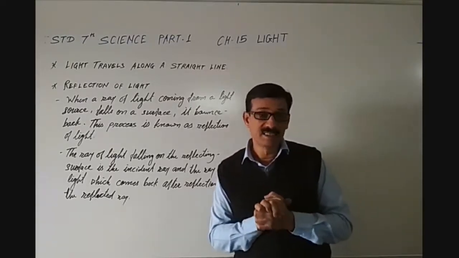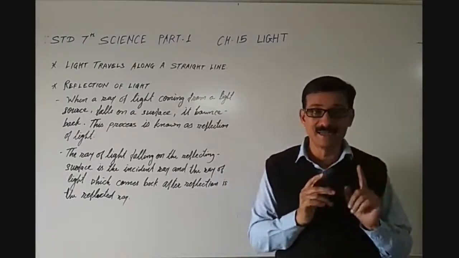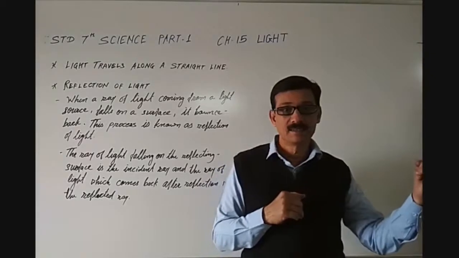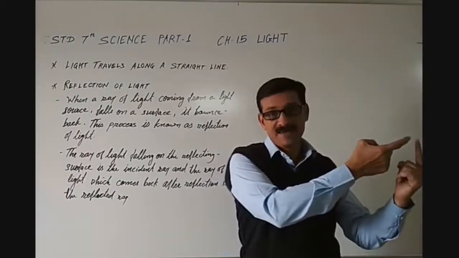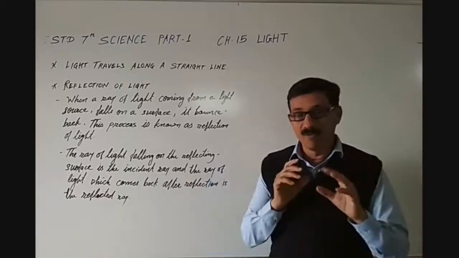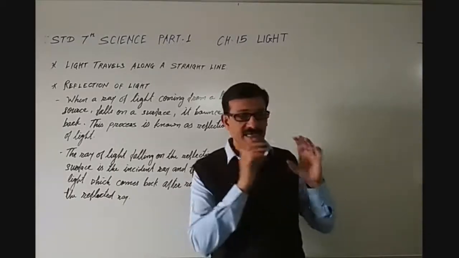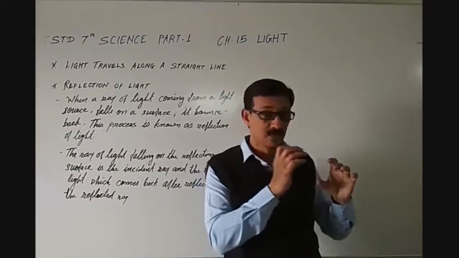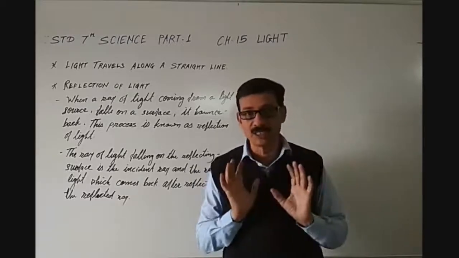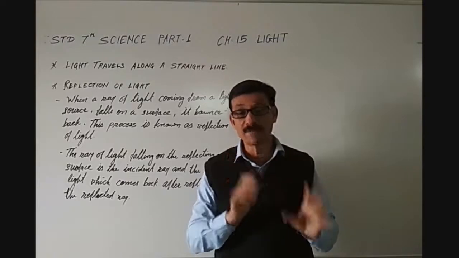We can see a lighted candle because of the light coming from the candle to our eyes. If we see the light of the candle through a straight pipe, it is possible to see.